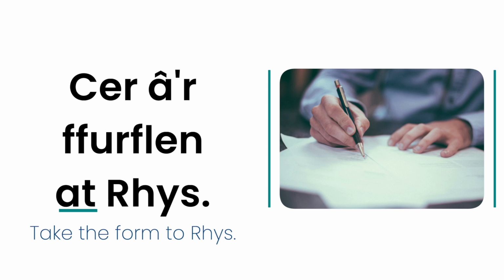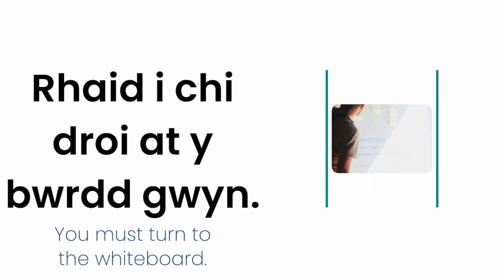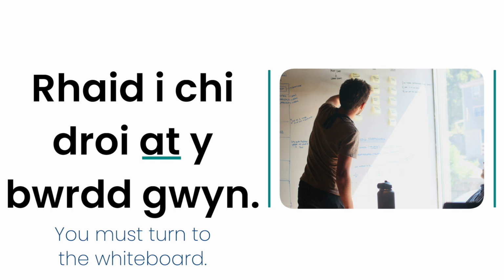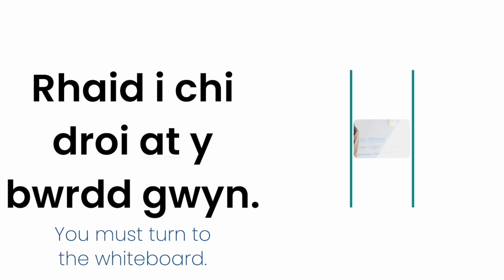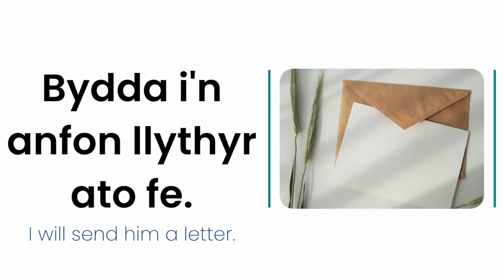Take the form to Rhys. Rhaid i chi droi at y bwrdd gwyn. You must turn to the whiteboard. Bydda i'n anfon llythyr ato fe. I will send him a letter.